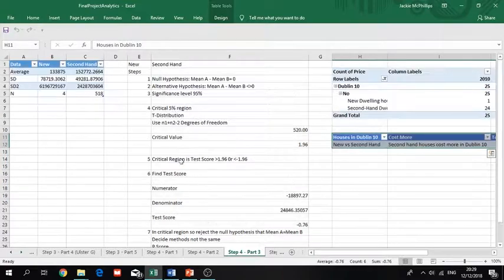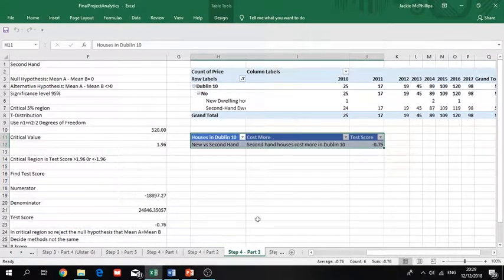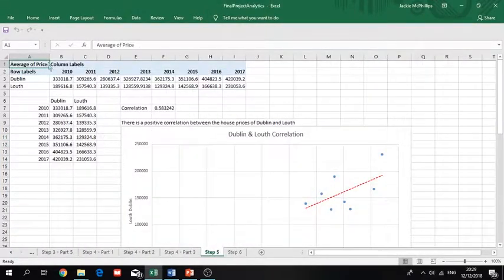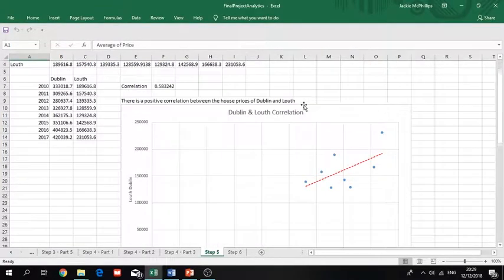Part 3 of step 4, the data he used, the test he did, and then the table results used. Step 5, correlation. Sean did this step. So this was his average of house prices in Dublin and Louth for the years 2010-2017, and based on the data he produced graphs.